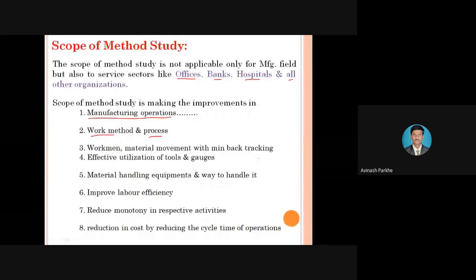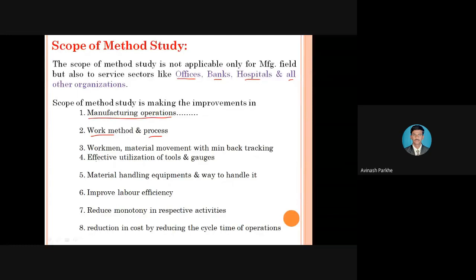He has to come back to workstation number 1, perform his work, again go to workstation number 2, again 3, again 4, and again from workstation number 4 come back to workstation number 1. That backtracking or those repetitive movements can also be eliminated by using the concept of method study.